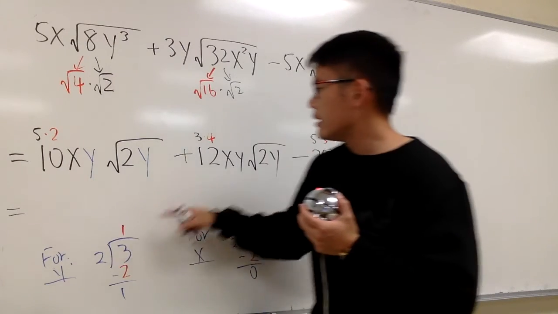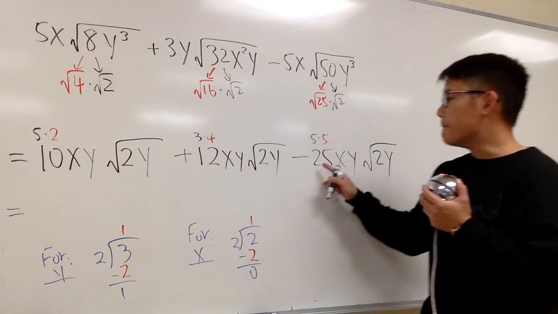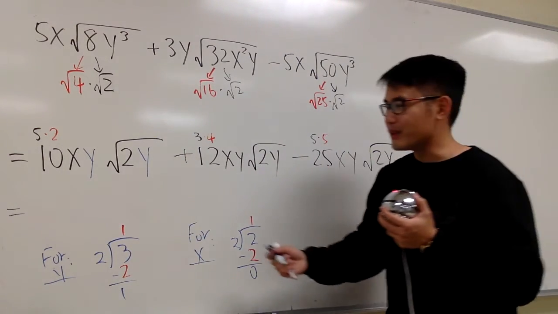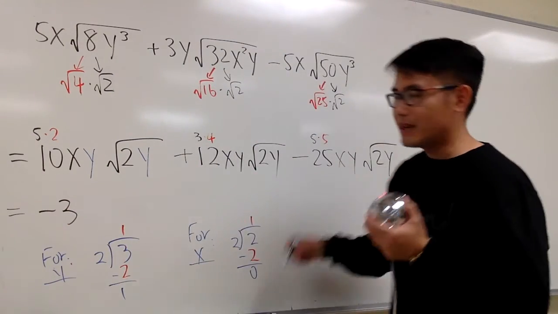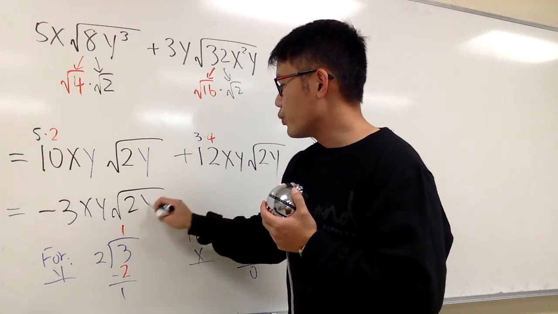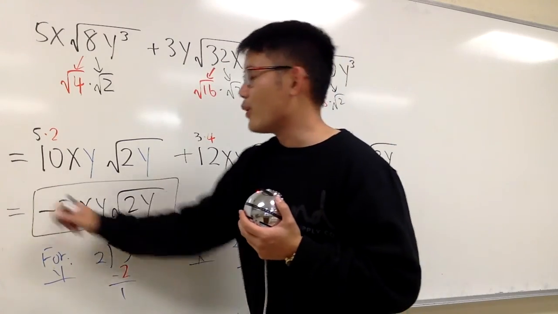This is 10 plus 12, we have 22, and then minus 25, we have negative 3. So we'll just write this down, negative 3, and then the variable part, it's the same, so I'll maintain that, xy square root of 2y. This is it. This is the final answer.